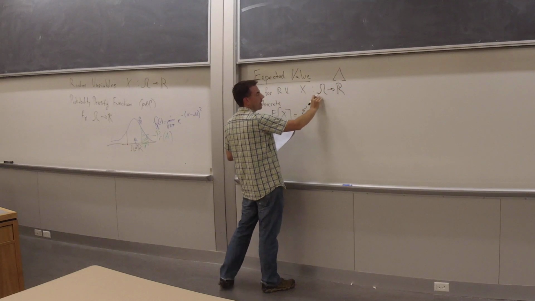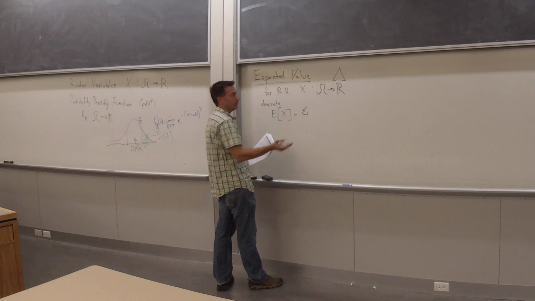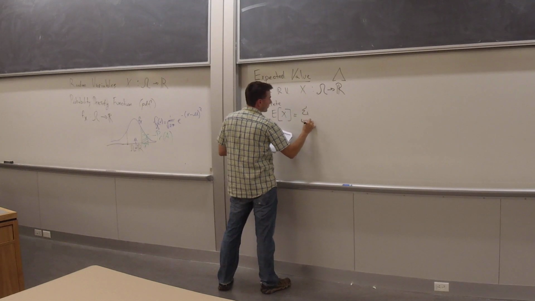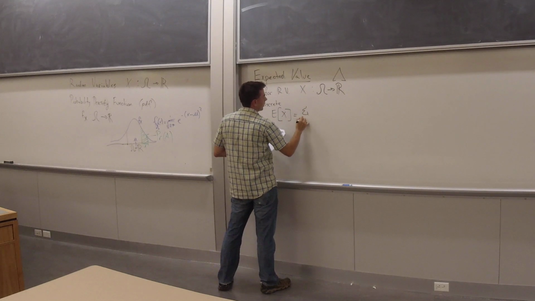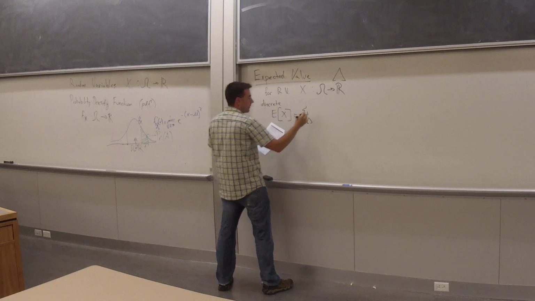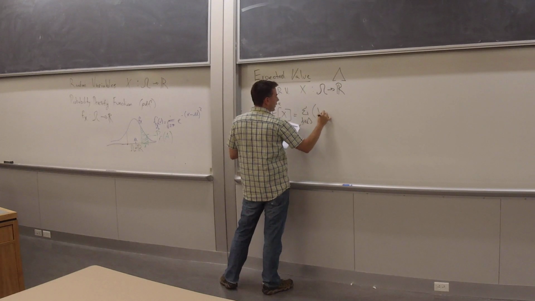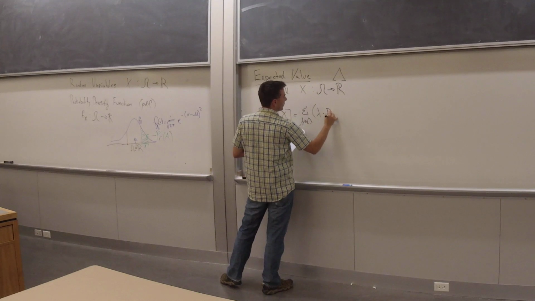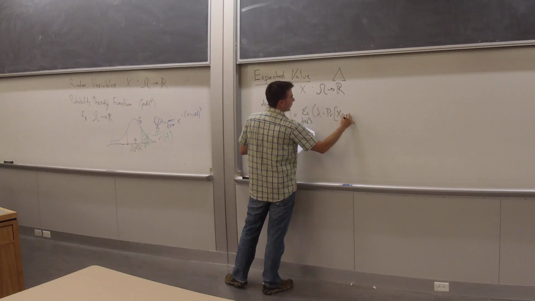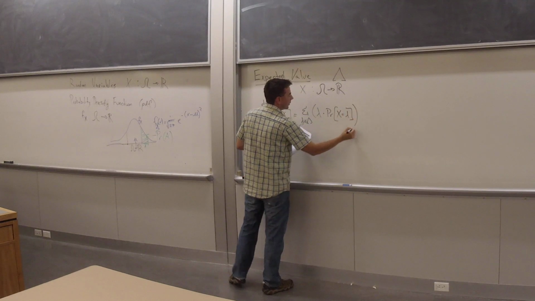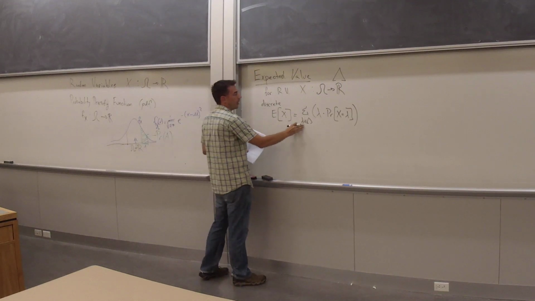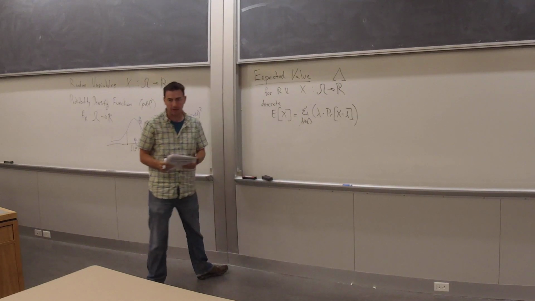It's a different domain than its range. So of all the values it could take, this value times the probability that x equals this value. What's the sum over? All the things in this domain it can take.